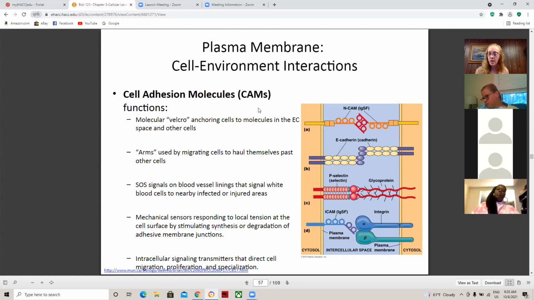They can also be mechanical sensors that respond to tension at the cell surface by stimulating the synthesis or degradation of different adhesive junctions. And they can also be intracellular signaling transmitters that are going to direct cell migration, proliferation, and specialization.